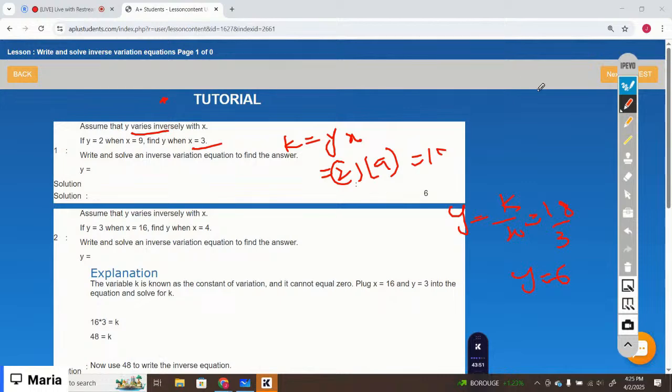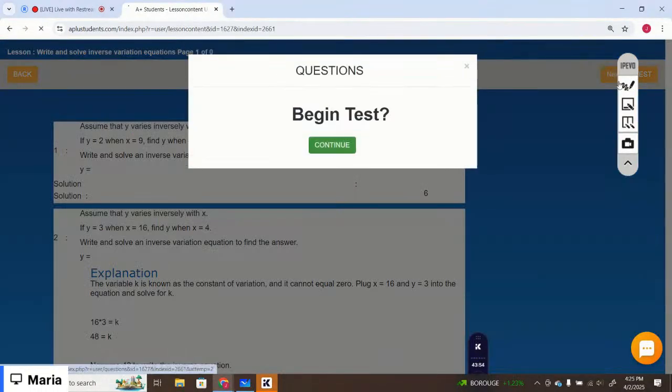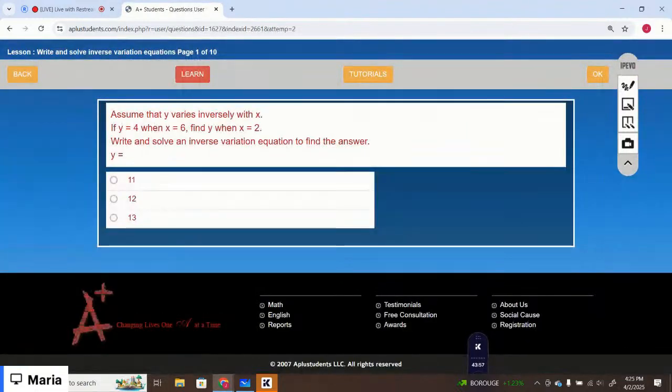Let's just start with the test questions. Assume that y varies inversely with x.